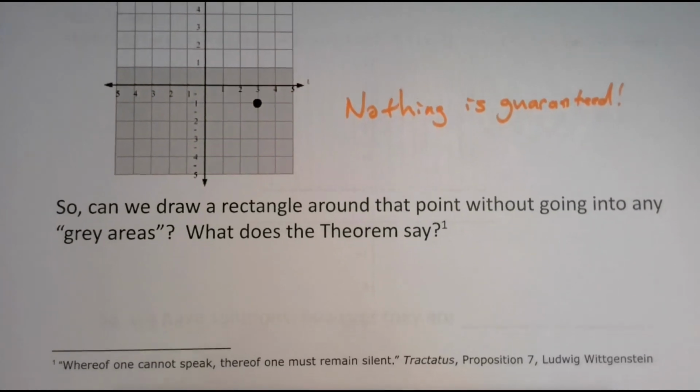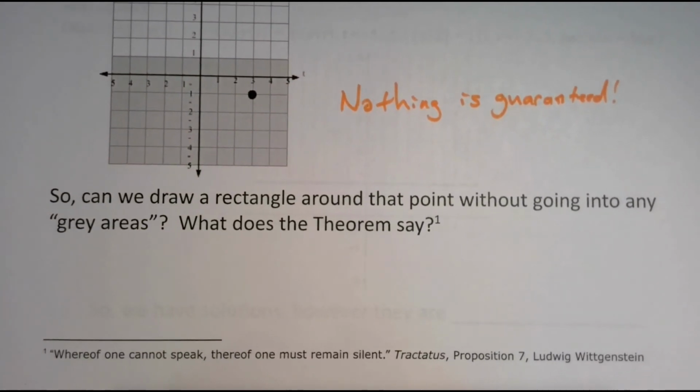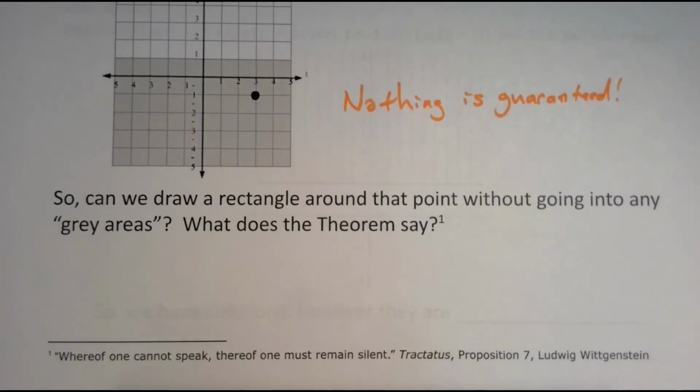So down at the bottom of this page, there's a little blurb similar to what we're talking about, which is a quote from a pretty famous philosopher, Ludwig Wittgenstein. He said, whereof one cannot speak, thereof one must remain silent. And that's kind of what the existence and uniqueness theorem is saying.